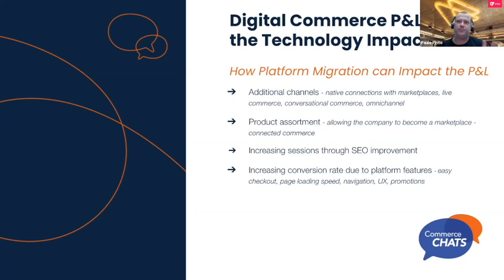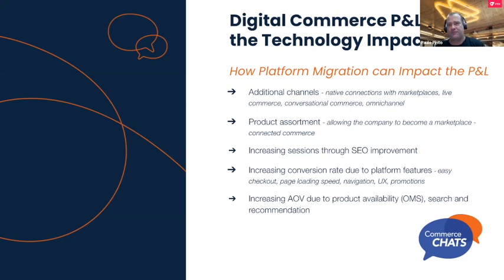So some platform features, new features can do that for you, like checkout, an easier checkout, load speed, page load speed. Also, it's a platform feature that will keep people navigating and not leaving. The UX, promotions, features, and so on. So those are also things that can increase your revenue.